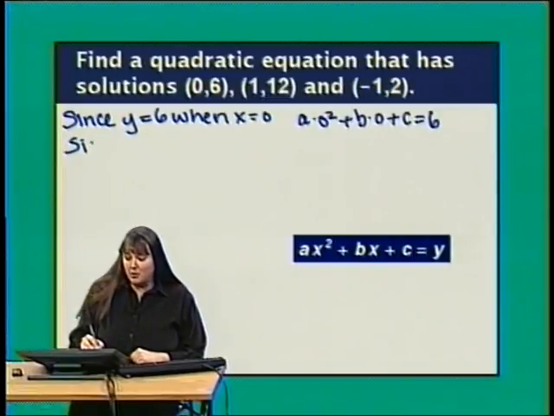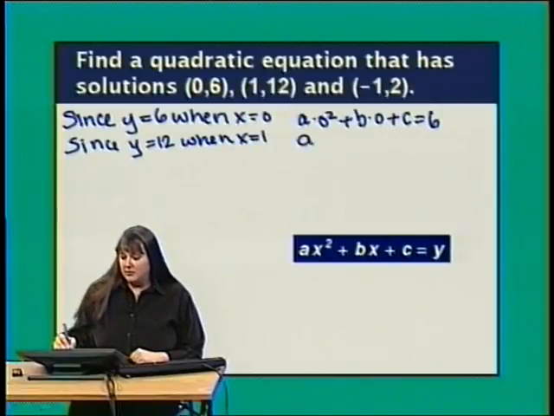And we can do the same thing with our other 2 solutions. Since y equals 12 when x equals 1, we have a times 1 squared plus b times 1 plus c equals 12.